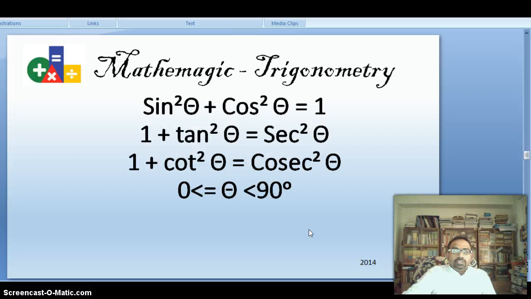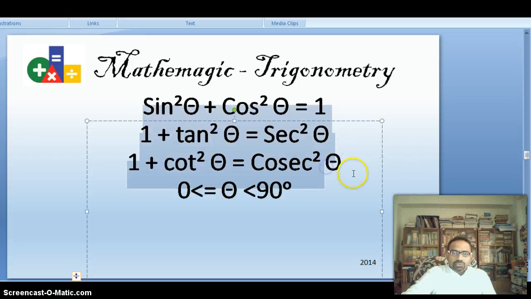And the last set of identities: sine squared theta plus cos squared theta is equal to 1, 1 plus tan squared theta is equal to secant squared theta, 1 plus cot squared theta is equal to cosecant squared theta. For the last two identities, the value of theta ranges between 0 degrees and 90 degrees.